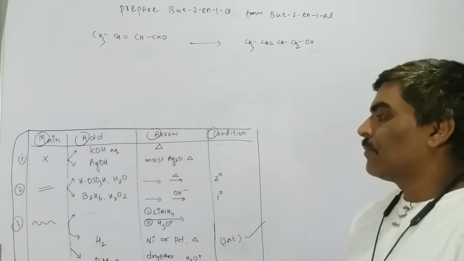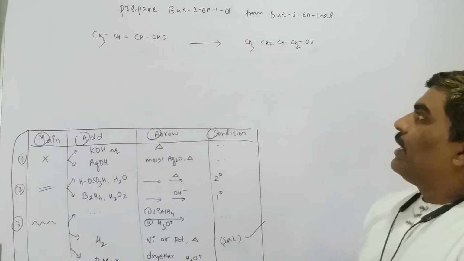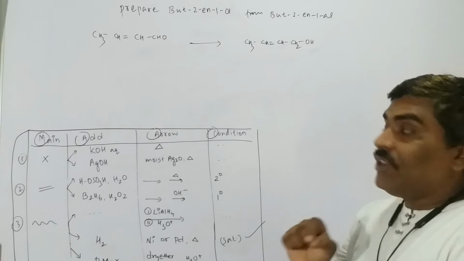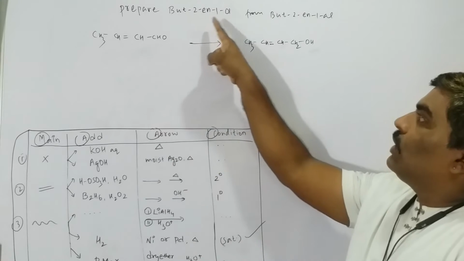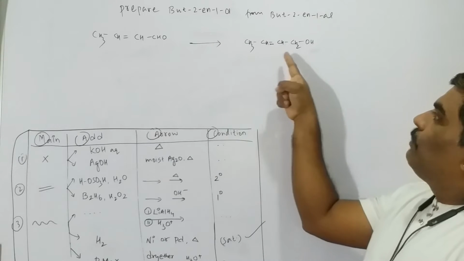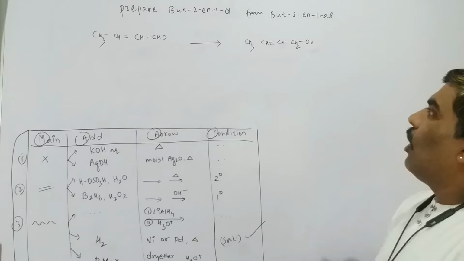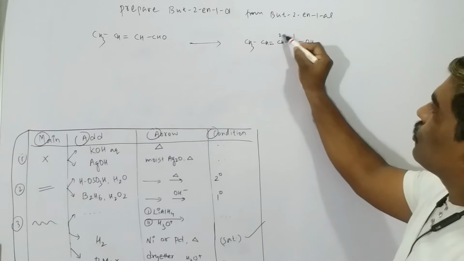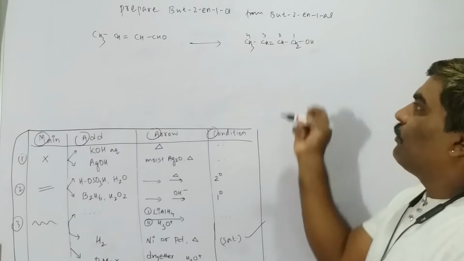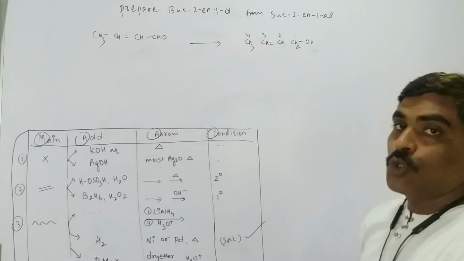Okay. Now try to find out. The new question which we have here is but-2-en-1-ol. This is your but-2-en-1-ol. Carbon 1, 2, 3, 4. This we want to prepare from but-2-enal.